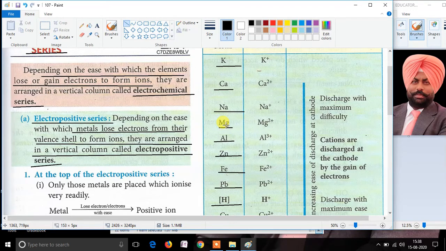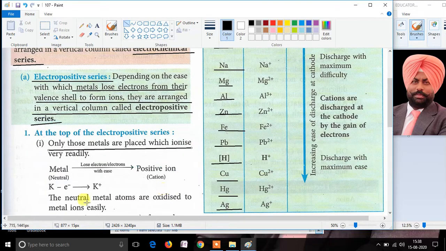The things to be considered in electrolysis are the nature of their formation of ions and the nature of their migration towards anode and cathode. The metals which are placed at the top have a special character that they ionize very readily. They form ions very quickly.